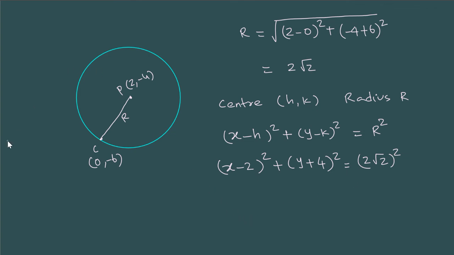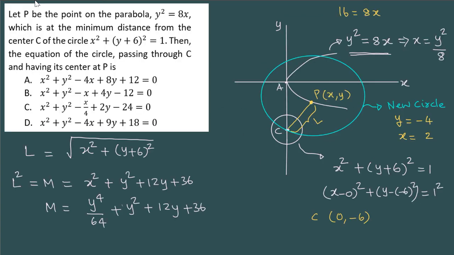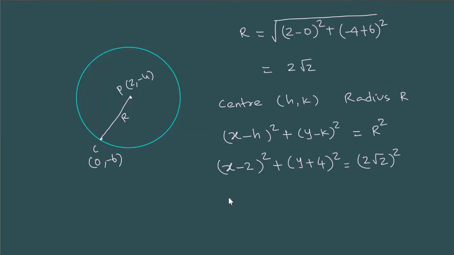Let's see if it matches with any of the equations we have here. I think we need to open it up a little. So x square minus 4x plus 4 plus y square plus 8y plus 16.